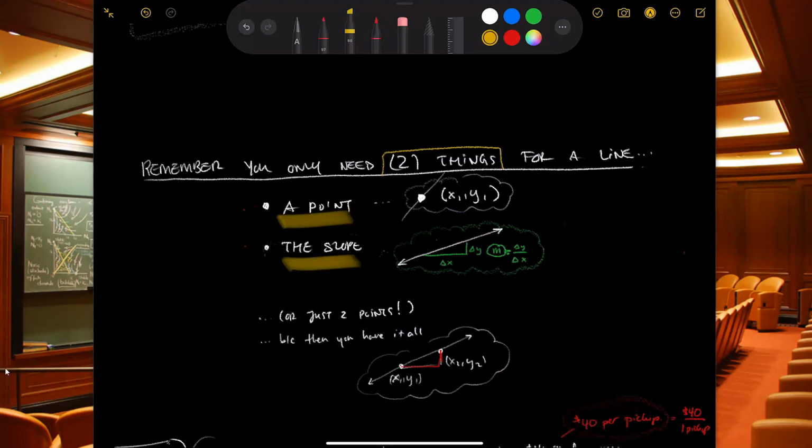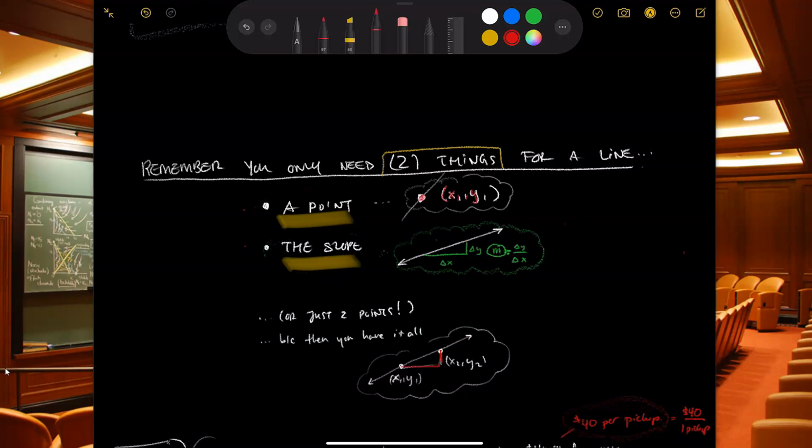So again, to jot this down, you only need two things for a line. There's only two pieces of information you really need. One is a point. It can be any point that the line passes through. So something that looks like this and it has some coordinates.